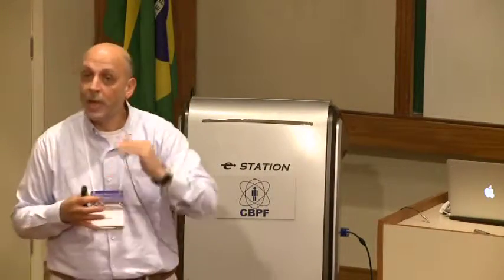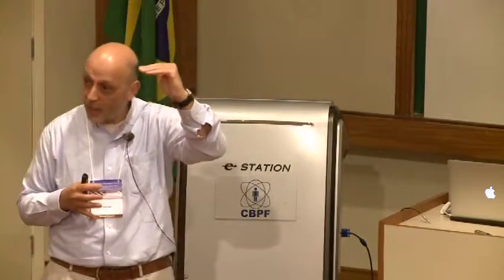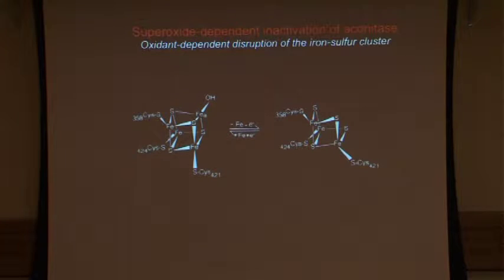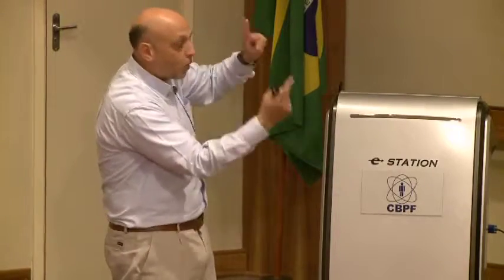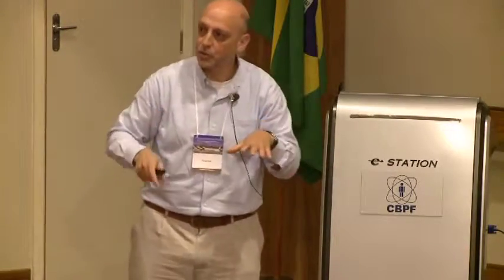So we know that in vitro and in vivo, excess formation of radicals leads to an inactivation of aconitase. And of course, aconitase can potentially be recovered by reassembly of the cluster in the presence of reductants. But this is a rather interesting redox cycle, which can be bent towards the left or the right, depending on the redox conditions of the milieu.